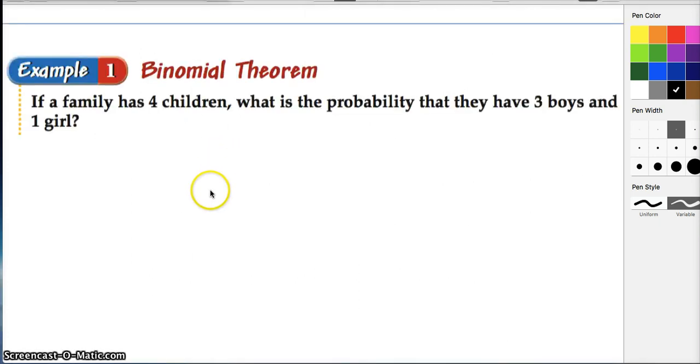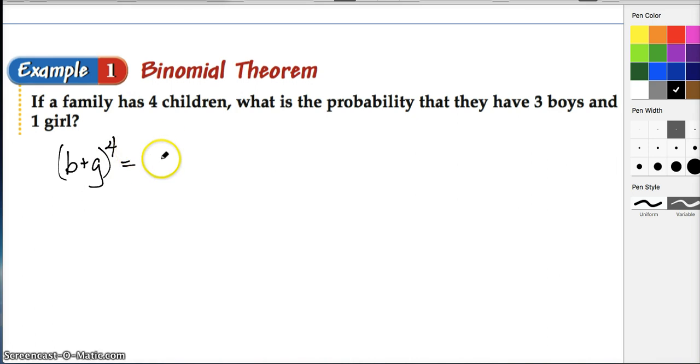All right, let's consider a family that has 4 children. What is the probability that they have 3 boys and 1 girl? The first thing we need to consider is what situation we're dealing with and how it relates to a binomial expansion. Probability of a boy plus girl, and we are dealing with a 4-member family, or 4 children.